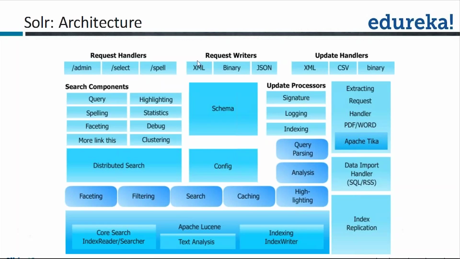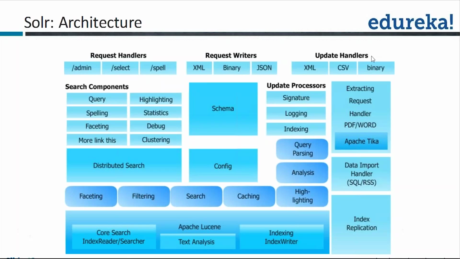Along with that, you have the request writers, which are also present in this architecture. Request writers are the ways in which you would want to present your responses. How would you want to write your request, and how would you want to get the response, in what formats? It could be XML, binary, JSON, Python, or CSV as well.